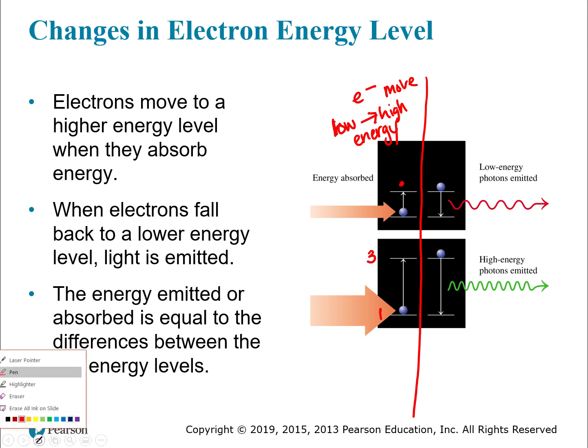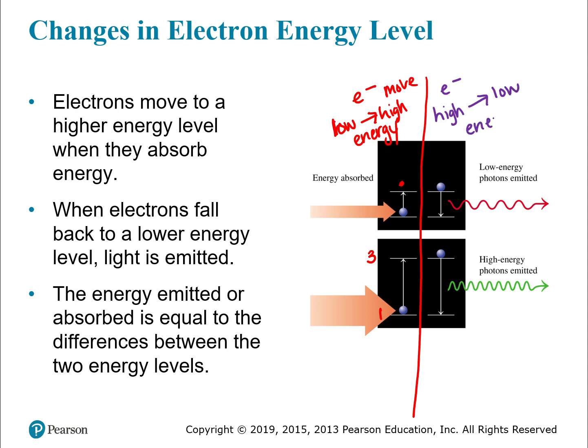On the opposite side of that red line, we've got electrons going from a high energy state back down to a low energy state. When this happens, your electrons are emitting a photon.